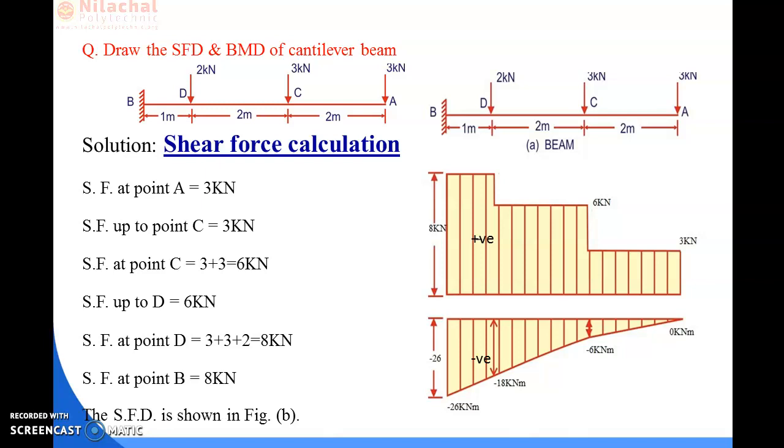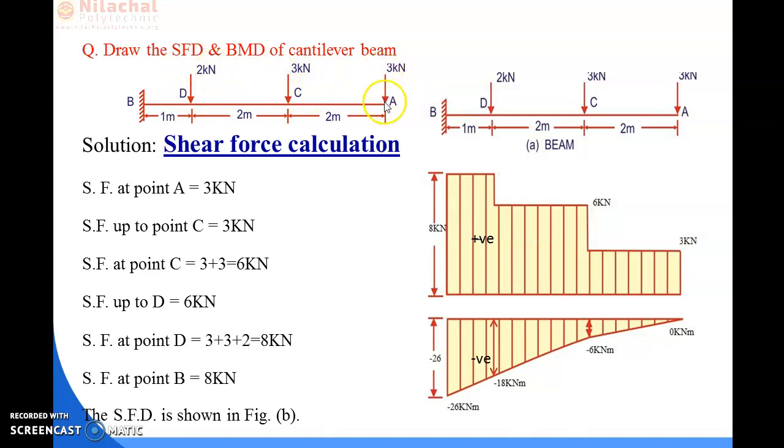So now let's see what the question is. Your question is to draw the SFD, which means shear force diagram, and BMD, which means bending moment diagram, of a cantilever beam. Your beam is given here as a cantilever beam, and on that beam 3 point loads are there.